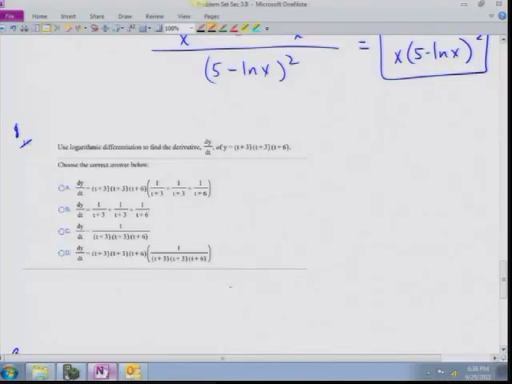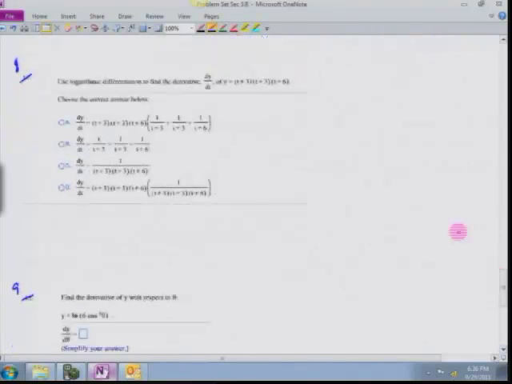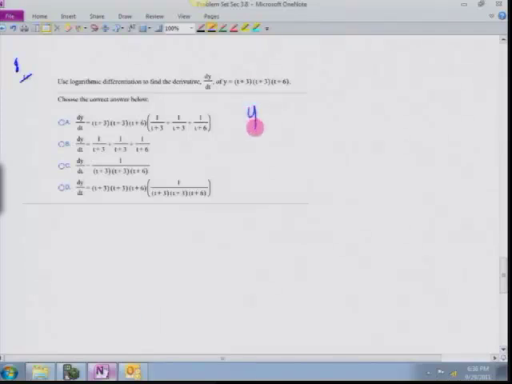You just knew that ln of e to the x was x.